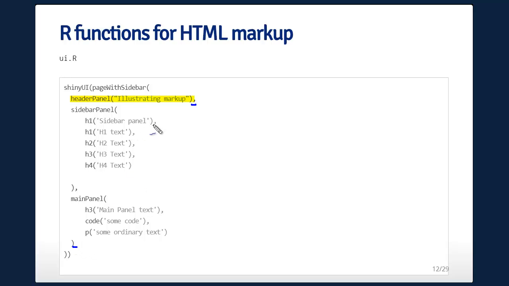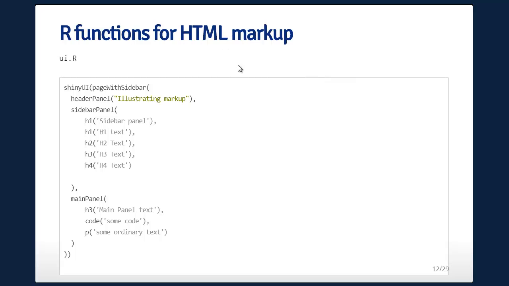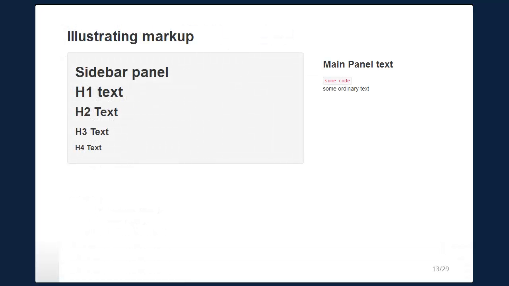So h1, I'm going to say h1 in the sidebar panel, and then there's got to be a comma there. h1 text, comma there, h2 text, comma there, h3 text, comma there, and so on. And all of these things will render in the sidebar panel. In the main panel, I've got three things: some main panel text, some code formatted as code, and p, some ordinary text right there. Okay, so this is just a simple UI function that shows the rendering.